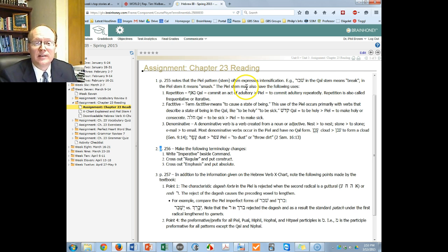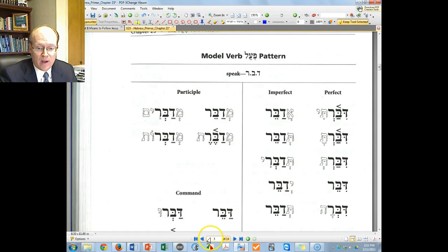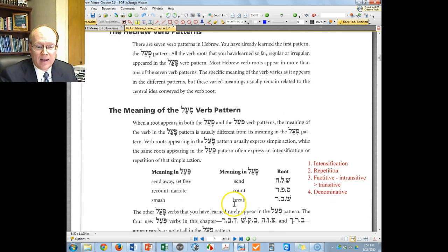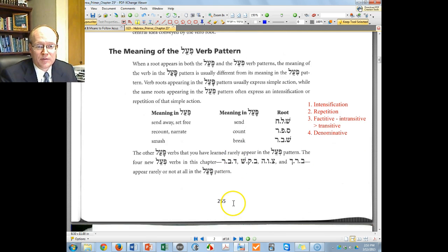And I'm giving you additional information that will supplement and fill out what you're learning in the textbook. So what I've done in my copy of the text, I just wrote this information here in the side. I wrote it in a shortened form, and I'm going to go over this information with you now.